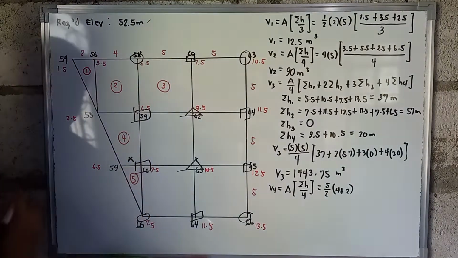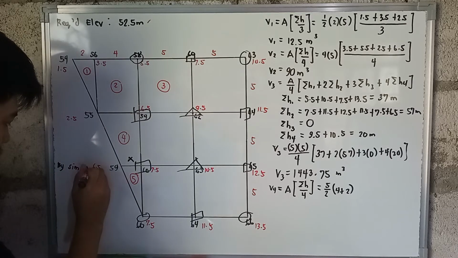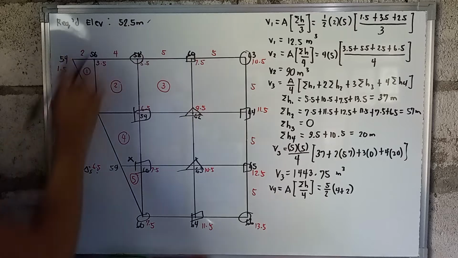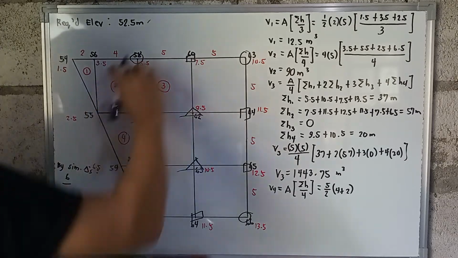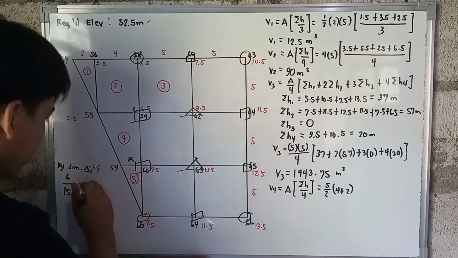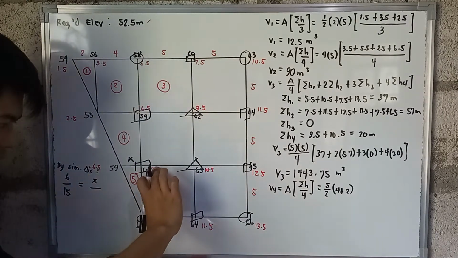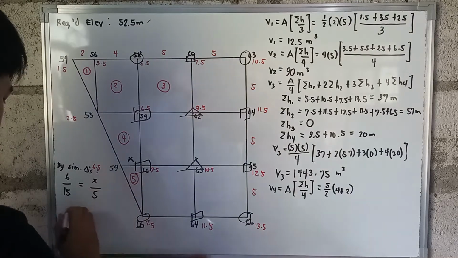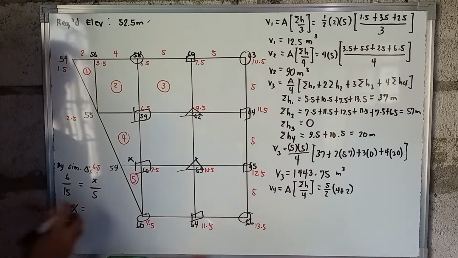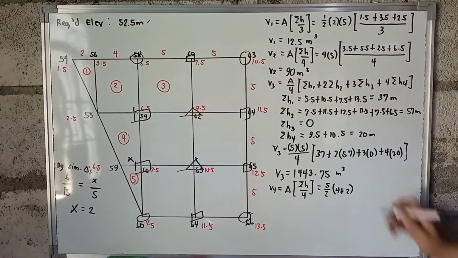By similar triangles, ha? So, gawin natin is 6 over eto, which is 15, is equals to x over yung maliit na triangle, 5. So, the value of our x, 5 times 6, 30 divided by 15. So, 2. So, kaya naging 2 yon.